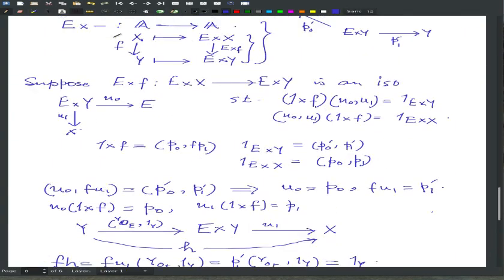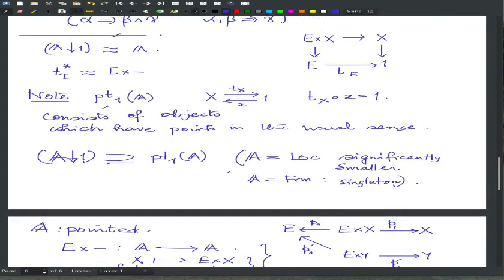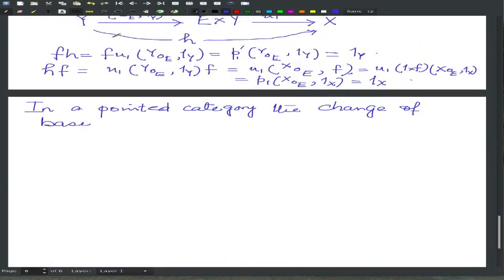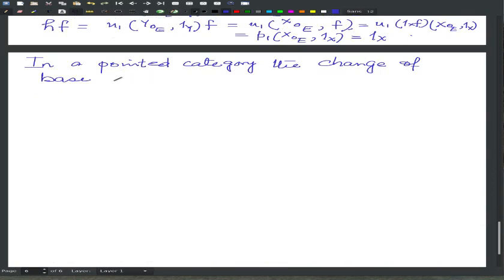So remember this functor, this TE, which I was writing, the change of base functor. Let me be careful. Remember, this was also written as 0E, right?